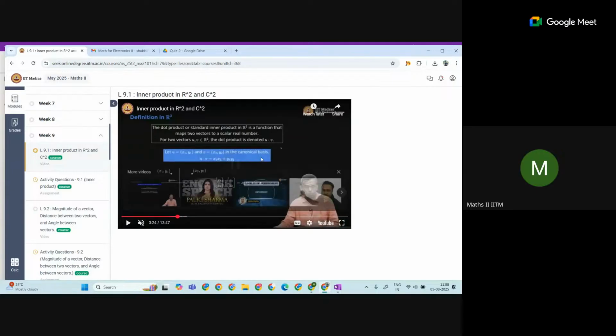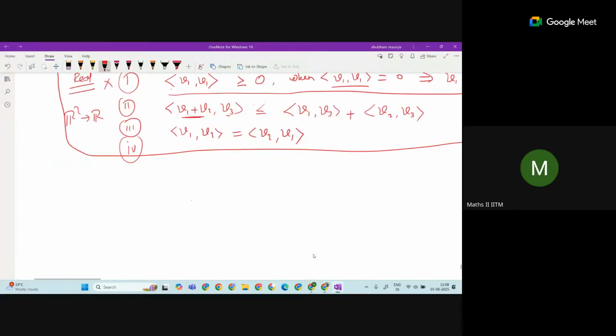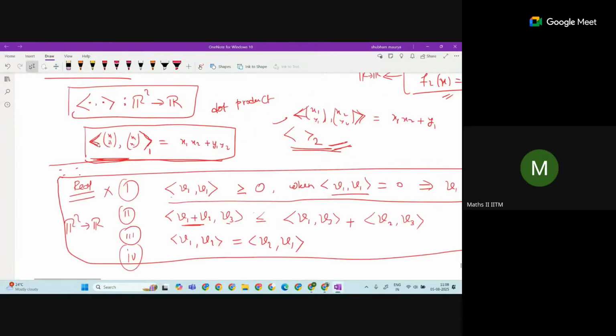Sorry, I used a different notation. In place of this angle bracket, we can use x1, y1, dot, and x2, y2. This is a more general definition of the inner product. I started from there, sorry for that.